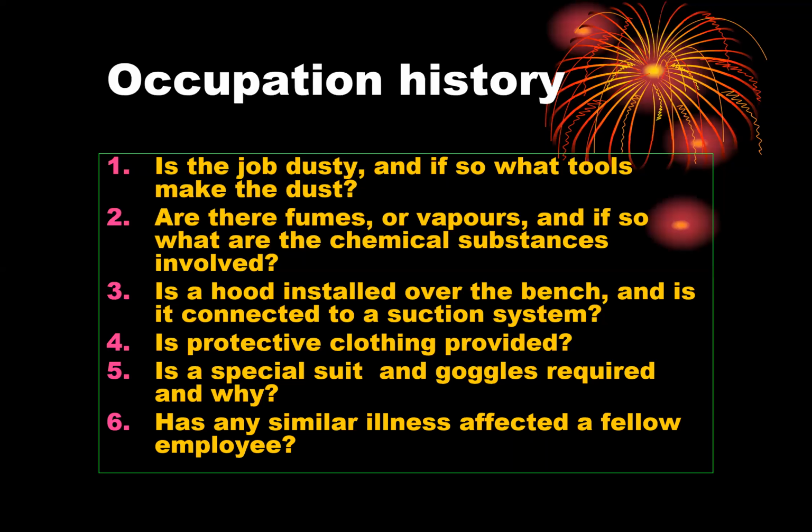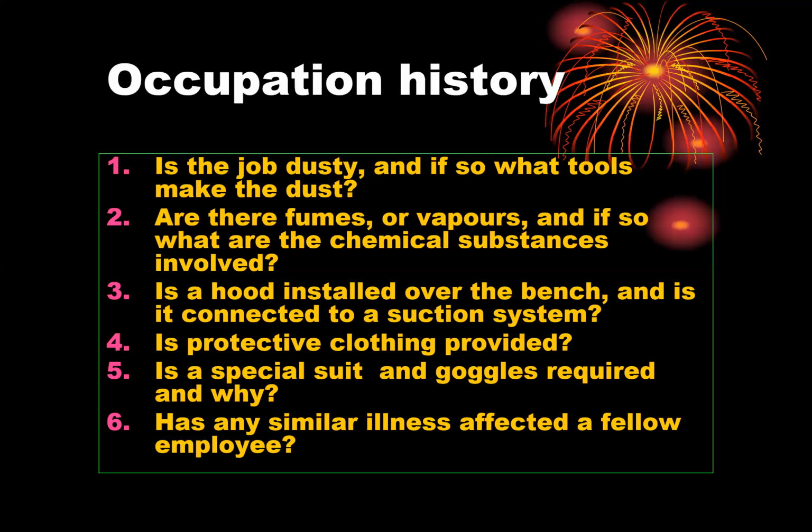We ask whether, in the environment of the patient's job, there are health instructions and health measures like using a hood over the bench in order to remove all these poisonous substances; whether the patient is protected by clothing, and whether they have a special suit and goggles.